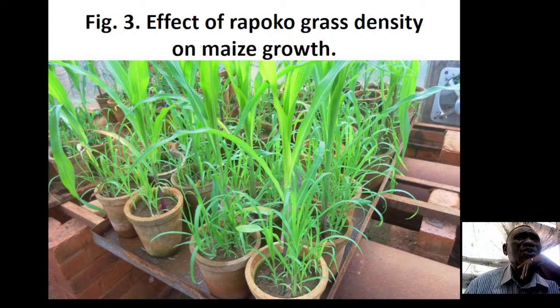You can do the additive experiment in pots, as you can see on this picture. We have got pots with maize and Eleusine indica, which is Rapoko grass. The idea was to determine the effect of Rapoko grass or Eleusine indica density on the maize.